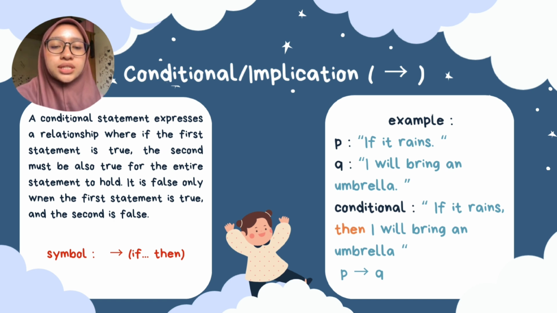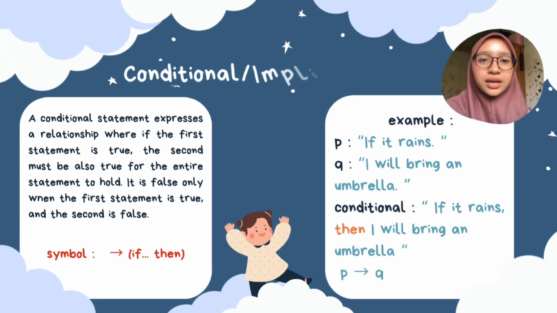Conditional statements are interesting because they are not always true or false in the way you might think. The key to understanding them is that a conditional statement is false only when the first part, or condition, is true, but the second part, or result, is false. In other situations, the statement is considered true.